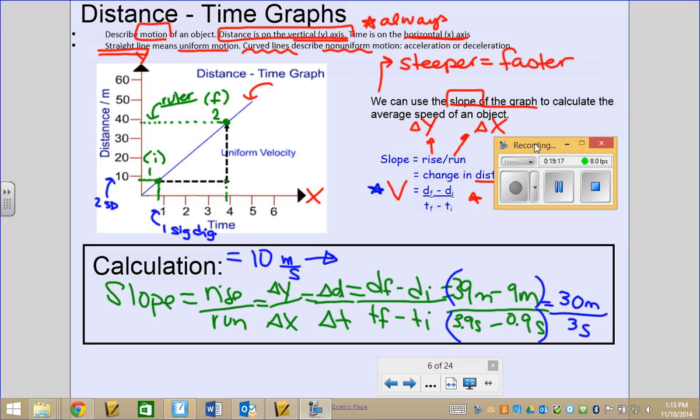That means that instead of writing 10, I'm going to write 1 times 10 to the power of 1 meters per second. That way, only the 1 counts as a significant digit, and the times 10 to the power of does not. So this is an example of how you calculate slope and which values you would use off of a graph.